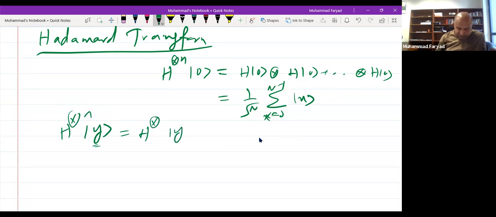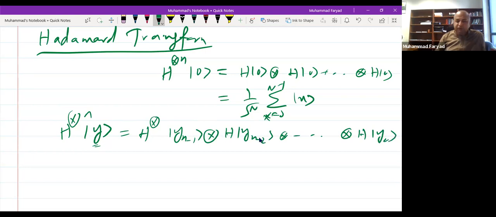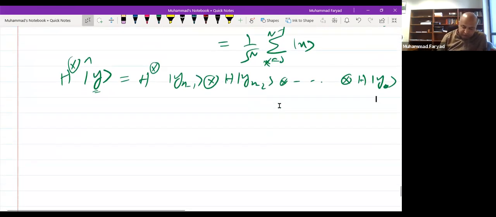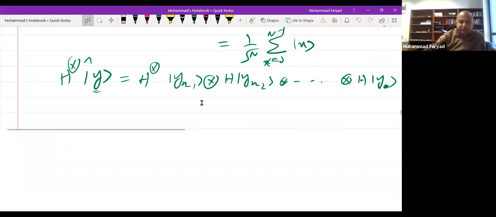So Hadamard on y n minus 1, Hadamard on y n minus 2, all the way to the Hadamard on the last bit y naught. Okay, so let's work out this general Hadamard transform, which we will then apply to psi 2 that we had at the end of the phase gate.